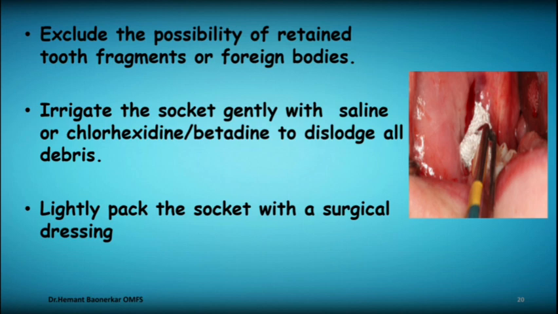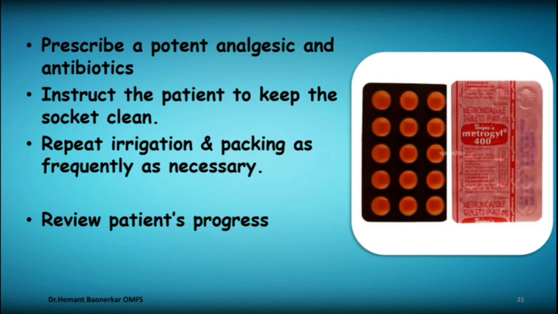After that, we can place a surgical dressing at the site of extraction. In such cases, we should always advise a post-operative analgesic and antibiotics. Then we should instruct the patient to keep the socket clean.